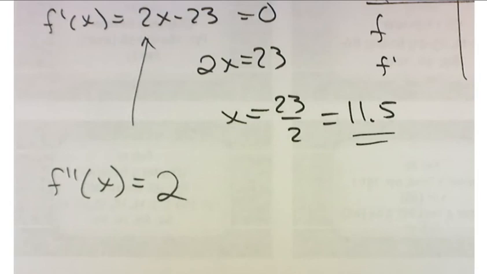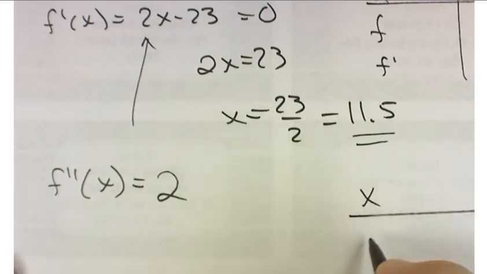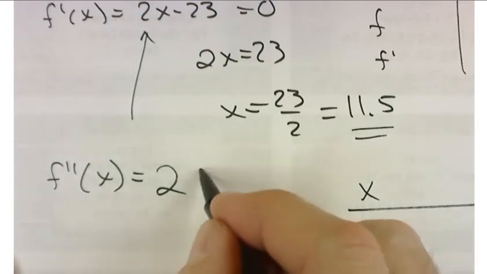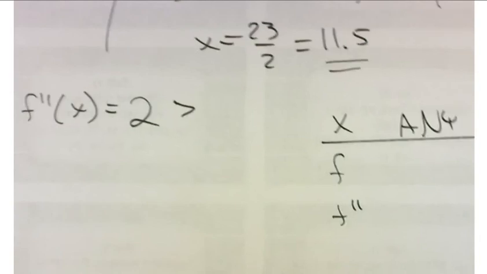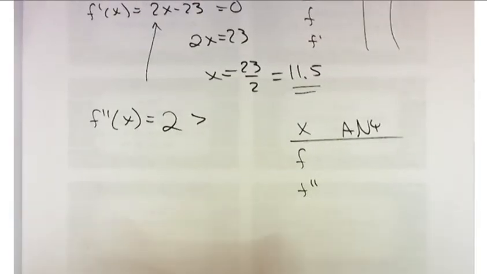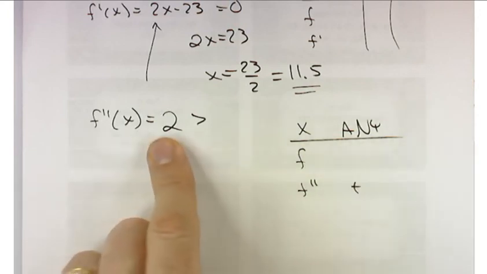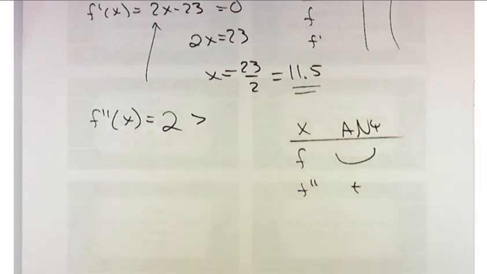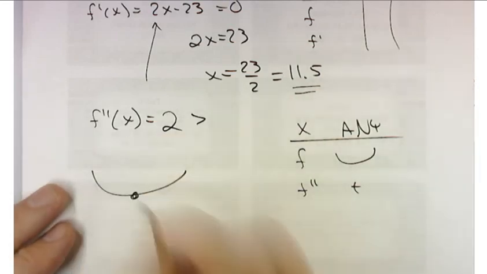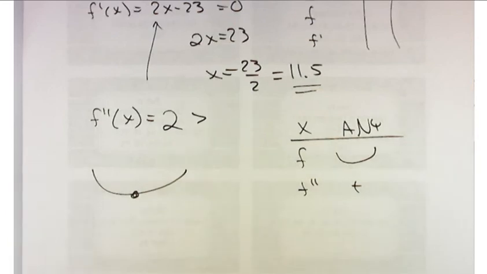And no matter what, this is always greater than 0, right? For any value of x. What's that telling you about the concavity of this function? Concave up. So if you have a critical point in a concave up shape, what does that critical point have to be?